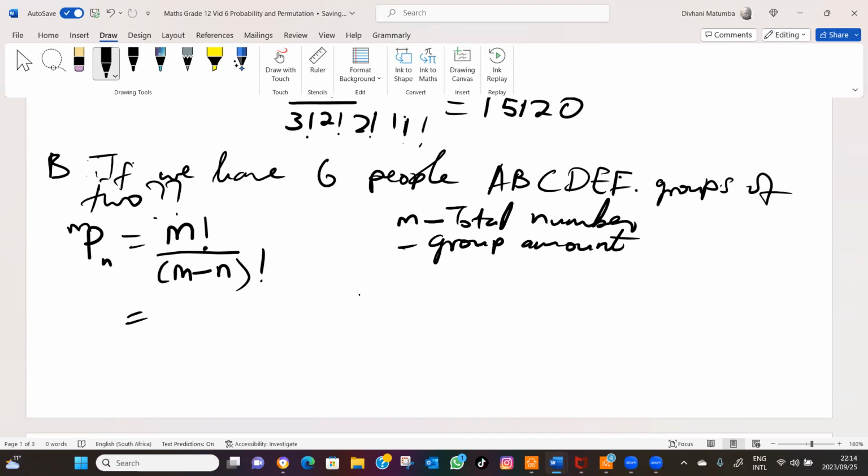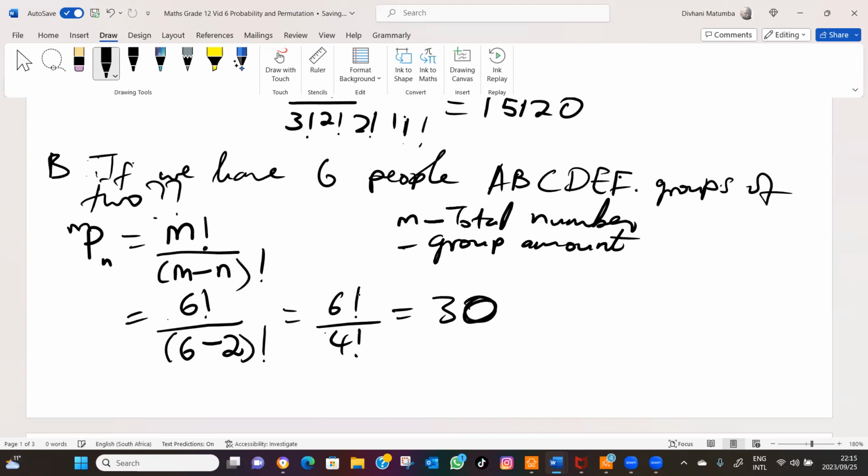Now, this will be 6 factorial divided by the total 6 minus 2, because we're putting them in groups of 2. This will be 6 factorial divided by 4 factorial, which is given by 30. So we're going to have 30 groups. Now, with permutation, that's just about it.